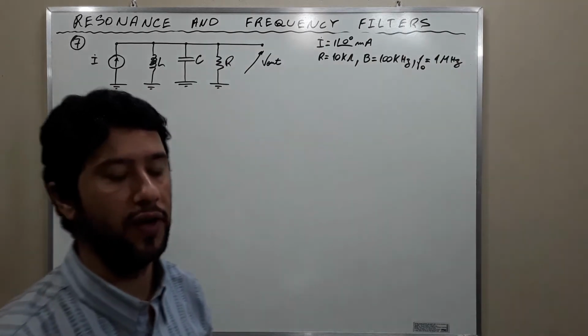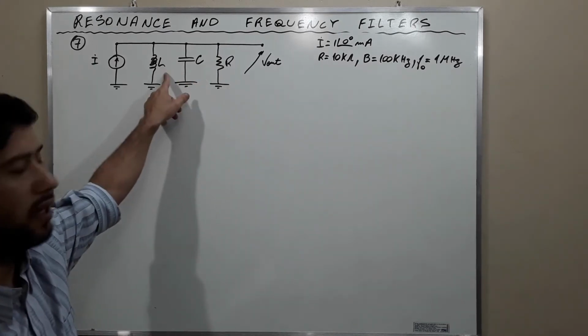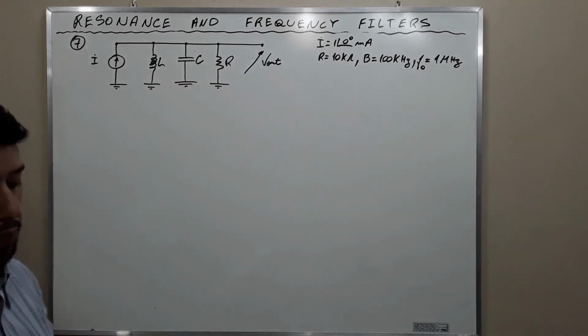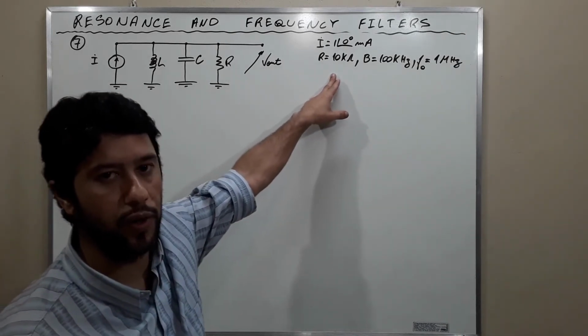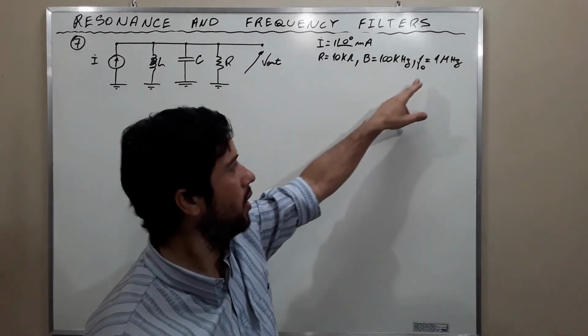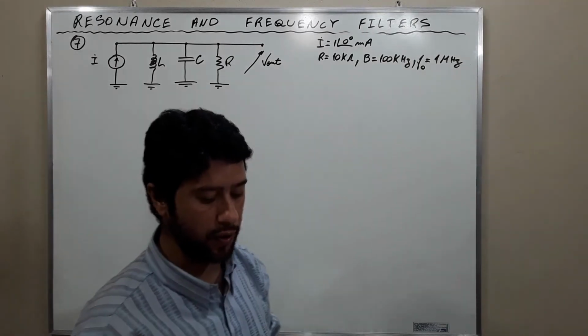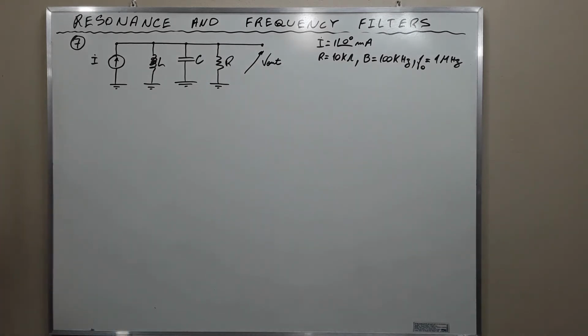Exercise number 7 now. Find the values of C and L for a parallel resonant circuit that has R equal to 10 kilo ohms, the bandwidth equal to 100 kilohertz, and the resonant frequency equal to 1 megahertz.